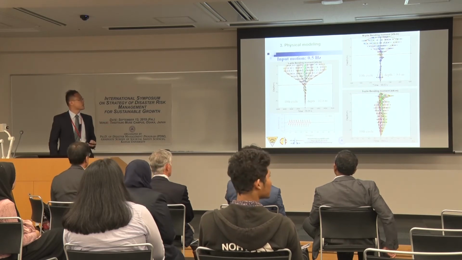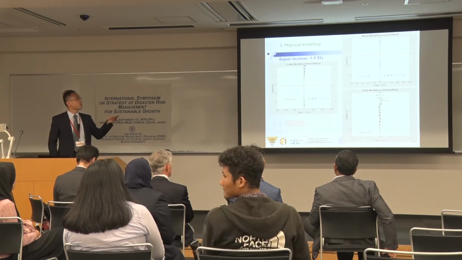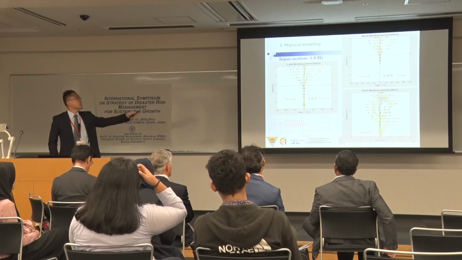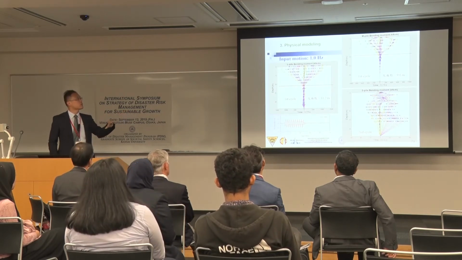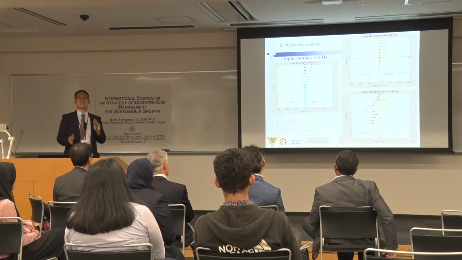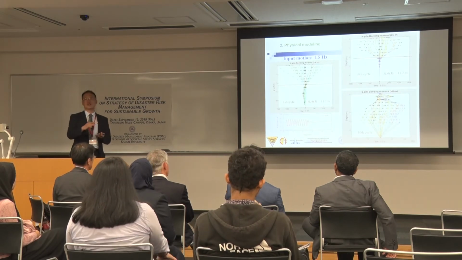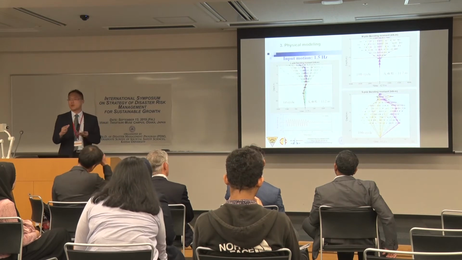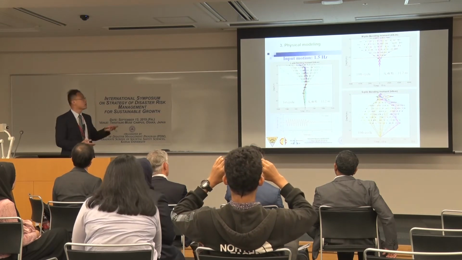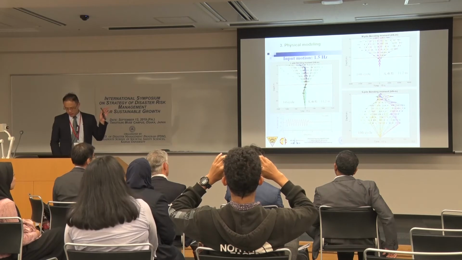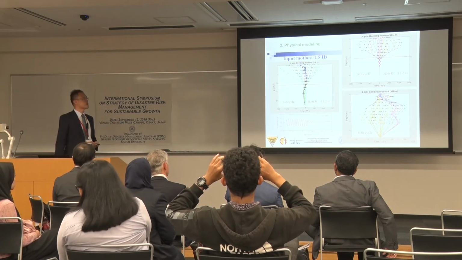We can get different behavior at 0.5 hertz input motion, this is 1.0 hertz, and this is 1.5 hertz. Each pile has its own predominant frequency, so different base shaking leads to different pile responses.